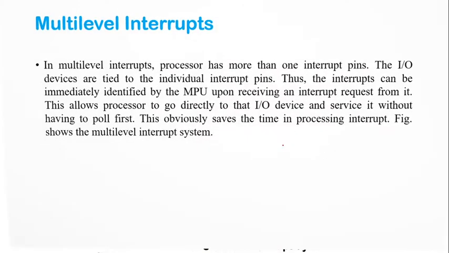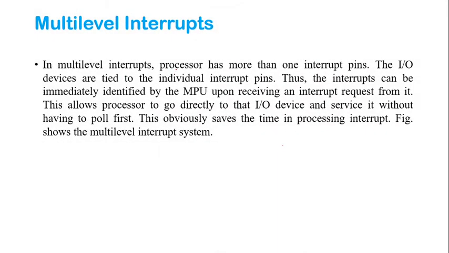Next one, the multi-level interrupt system. In a multi-level interrupt system, the processor has more than one interrupt pin. What is the main difference? That is more than one interrupt pin.